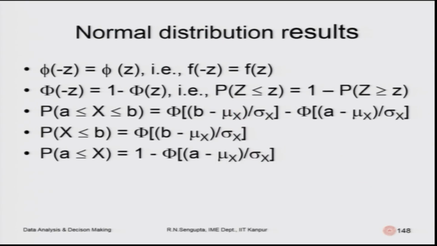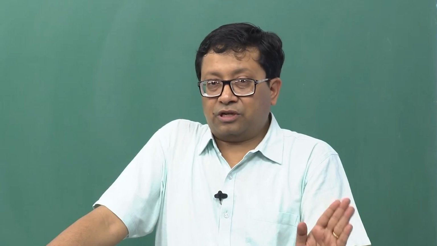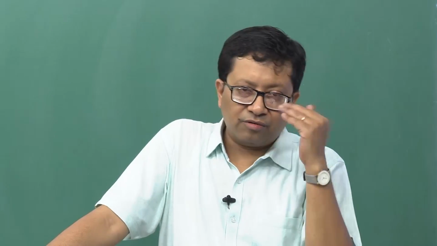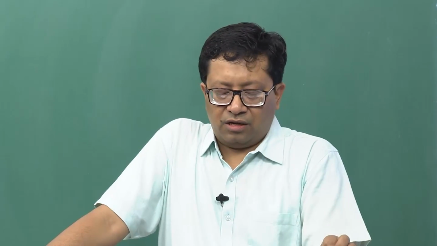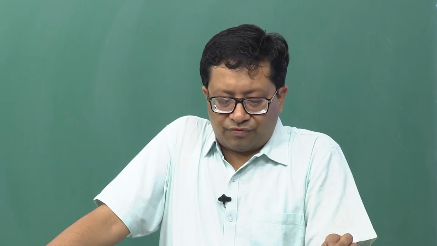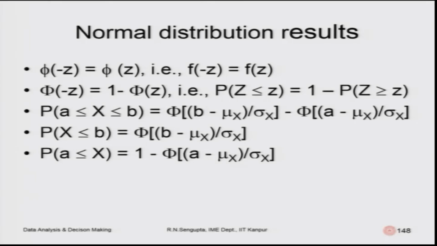So, by the normal distribution rules, the value of small phi of minus z corresponds to the fact that it is equally onto the left, equally onto the right. So, small phi of minus z will be equal to small phi of plus z, because, let me draw it. So, this is z.